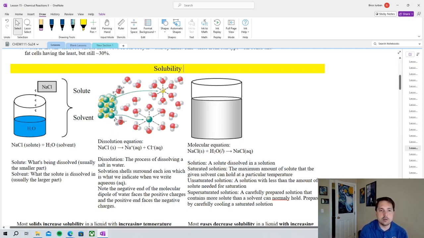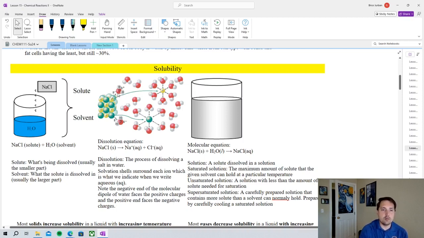But at a molecular level, what's occurring during that dissolution, during the stage at which it's dissolving, is that this sodium chloride crystal, which is an ionic matrix, has its ions pulled apart by the hydrogens or the lone pairs of the water molecule.